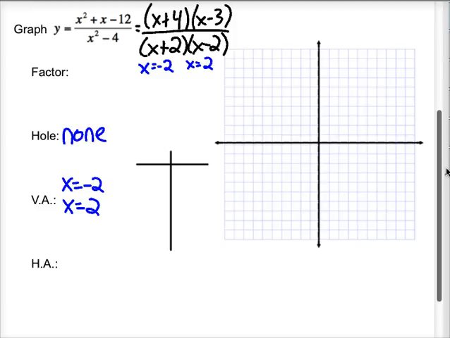So I'm going to plot those right away. A vertical asymptote at -2 and one at 2. All right? So I'm just going to plot my 2 vertical asymptotes right there.